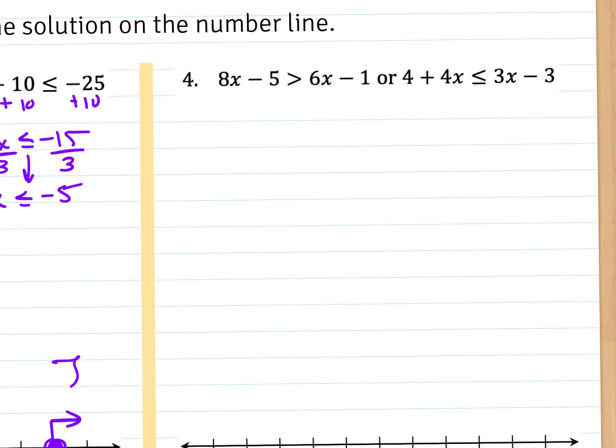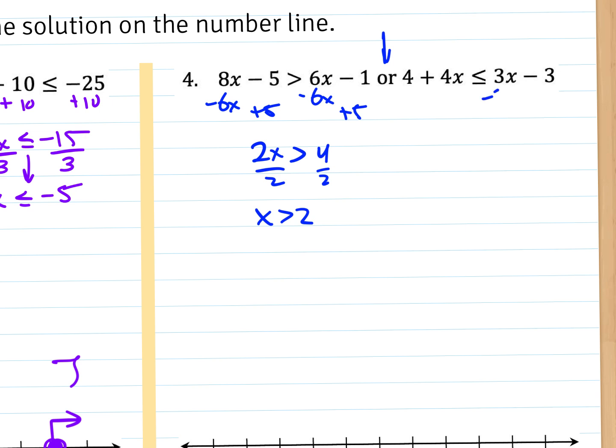So now number 8, same kind of idea, this or this. So I subtract 6x, add 5. So that's going to be 2x greater than 4. So x has got to be greater than 2. Subtract 3x, subtract 3x, subtract 4, subtract 4.